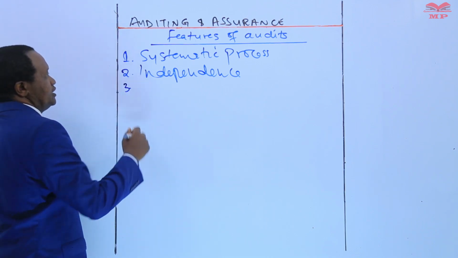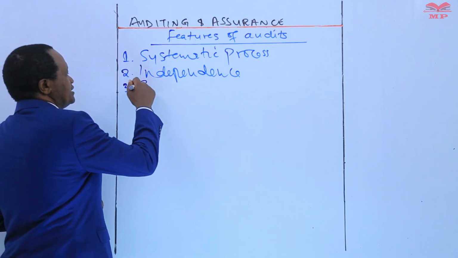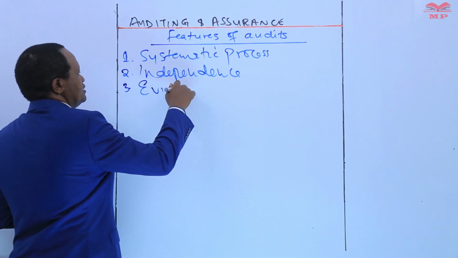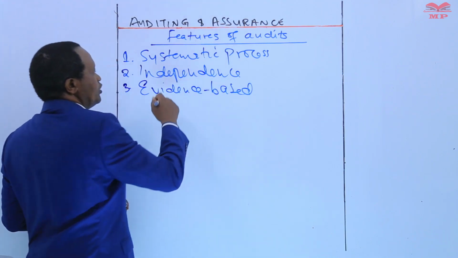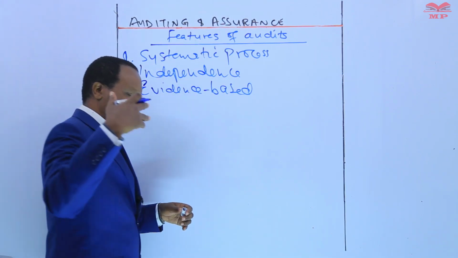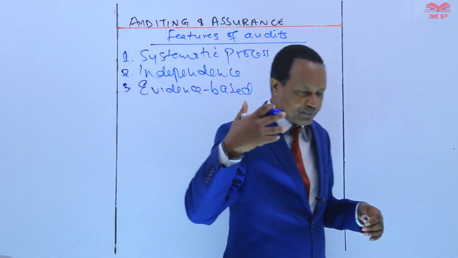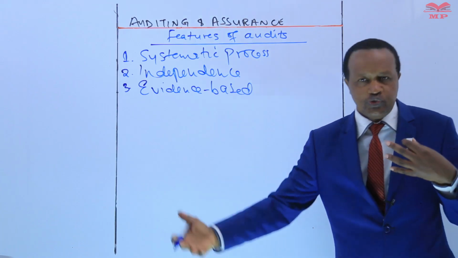The third feature is that audits are evidence-based. They are based on evidence. Auditors have to gather sufficient and appropriate audit evidence to support their conclusions.